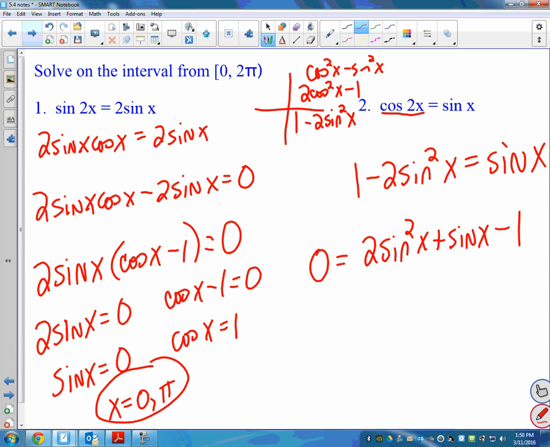I'm going to show you something just because I want you not to ever do this, and people do it all the time, and it makes me want to scream. Some people move this over and they write 1 equals 2 sine squared x plus sine x, because they realize that the 1's going to screw up their GCF. And then they pull a sine out and say 1 equals sine of x times 2 sine of x plus 1.